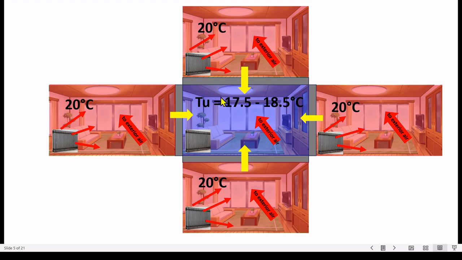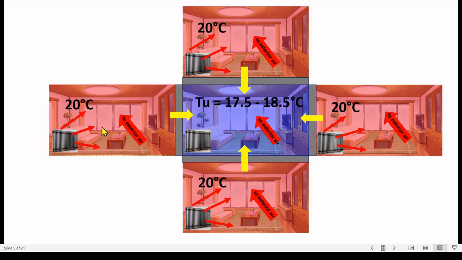Generally, for our climate zone, which will be explained later, this temperature of the unheated apartment is between 17.5 and 18.5 degrees Celsius.